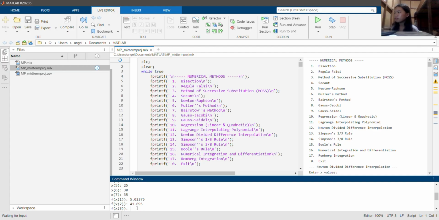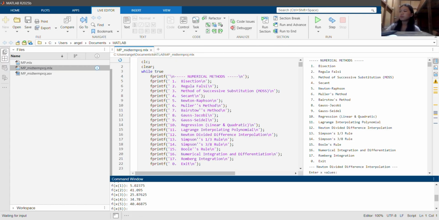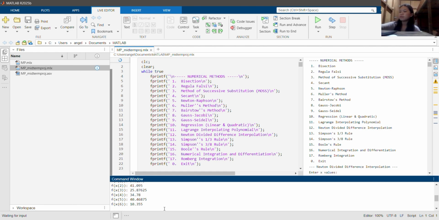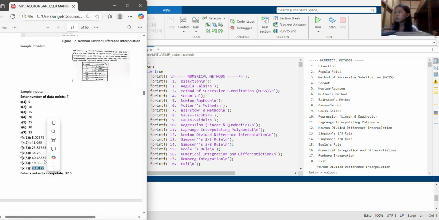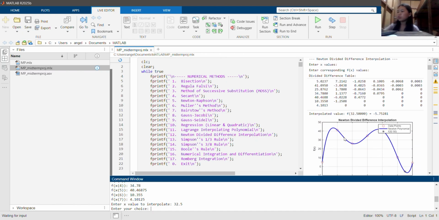That's 3, 25.87, 625. And then 7, 6, and plus 3, and our x value to interpolate is 32.5.